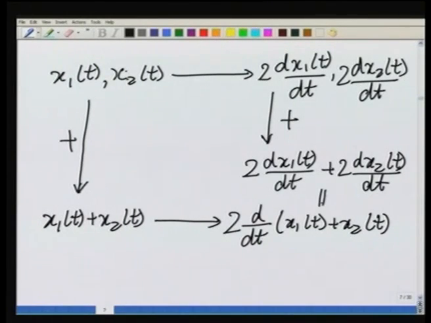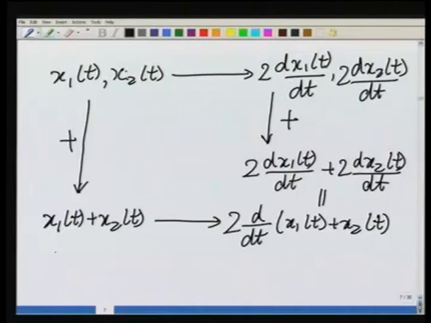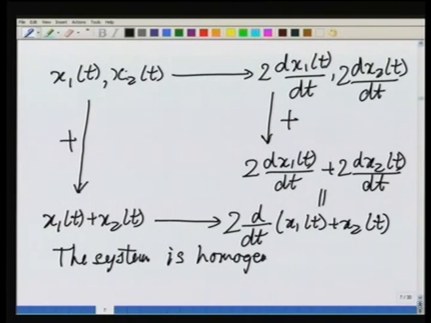These two are obviously equal to each other. So, the system has shown itself to be additive, because addition is commuting with the system. So, collecting these two things together, we can say the system is homogeneous as well as additive.